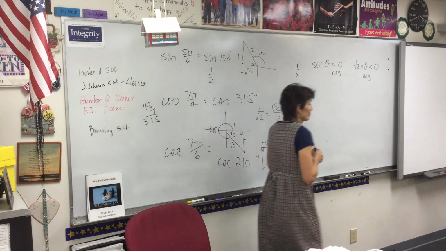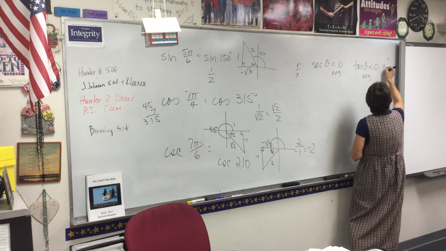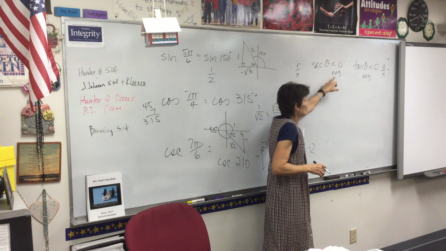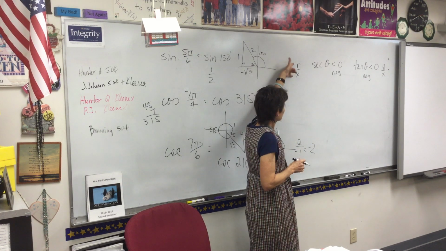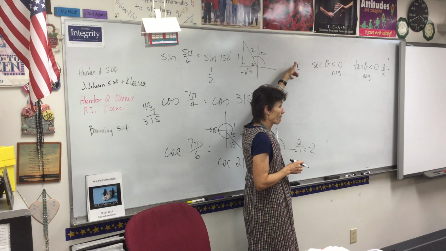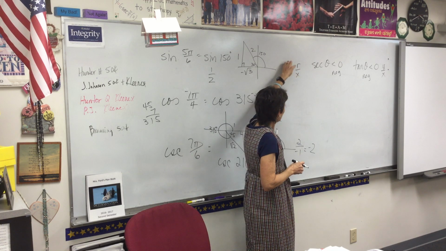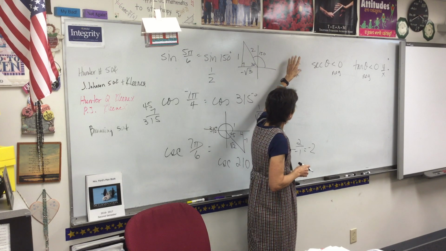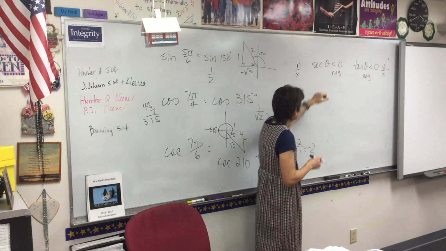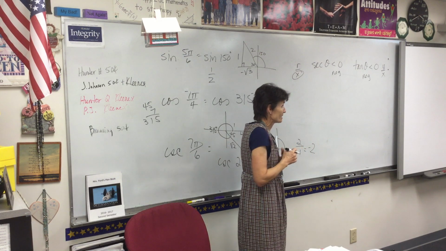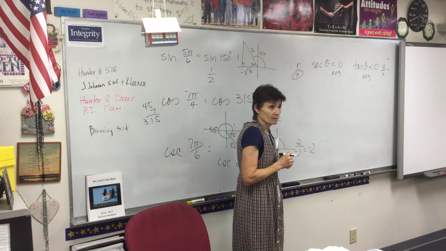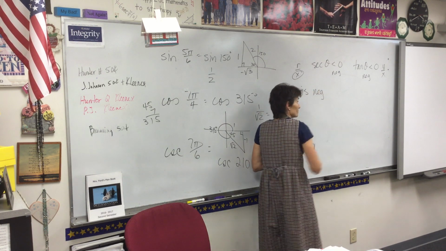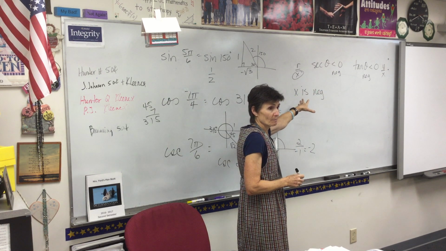And what's tangent? Y over x. I want secant to be negative. Secant is this fraction. Will r ever be negative? No. So the only way that secant can be negative is if x is negative. So you're telling me that x must be negative, right?